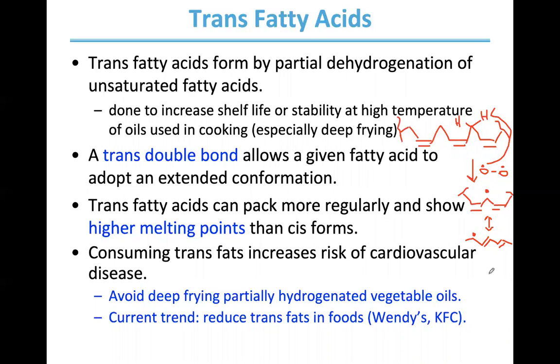And then this radical can combine with the oxygen biradical and result in the oxidation.